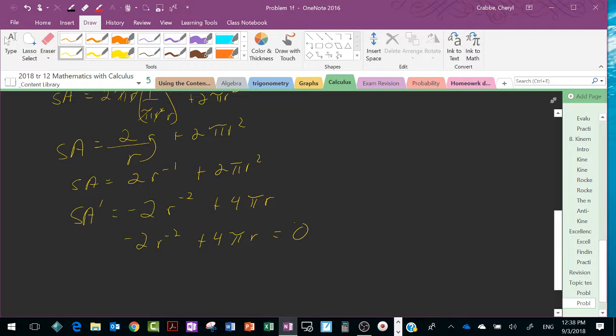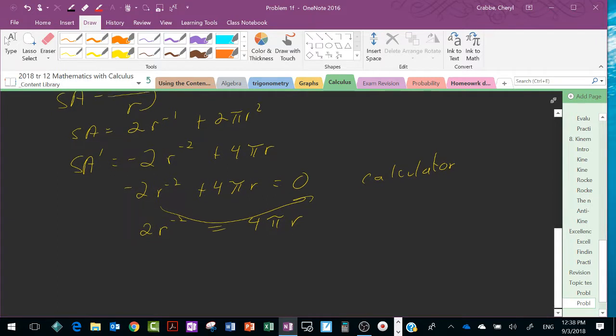Now at this point, you can throw this into your calculator, put the r's as x's, and solve this thing, or you can do it by hand if you want. So I'm going to do this by hand. I'm going to move that over by adding it to both sides. So I'm going to get positive 2r to the negative 2 is equal to 4 pi r. I'm going to put that back down on the bottom so that I can deal with this a little bit easier.